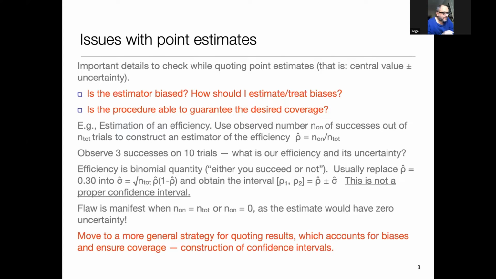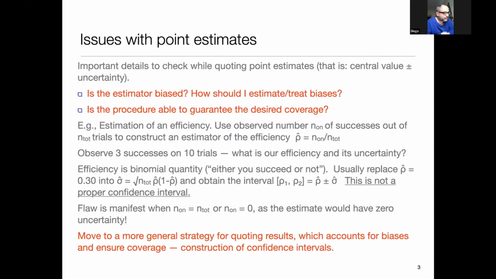To give a very simple example, you can take the case of estimating an efficiency, say of a detector. You have a control sample and you observe the number N of successes out of an n-tot number of trials.